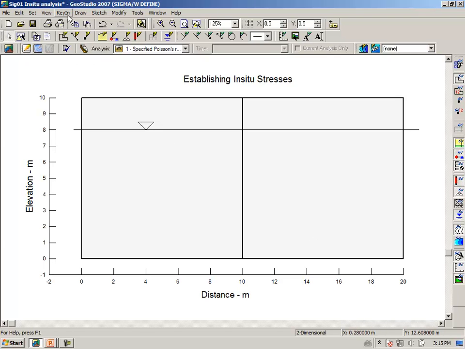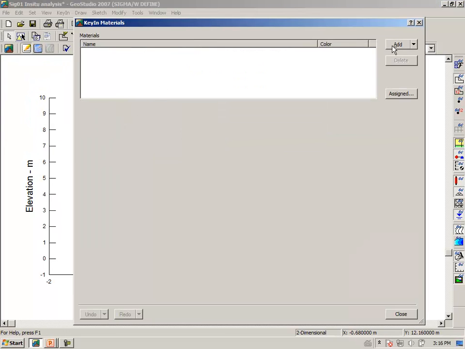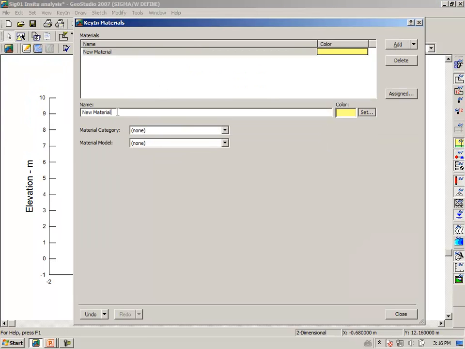Key in materials. We add a new material. Let's call this the native soil.